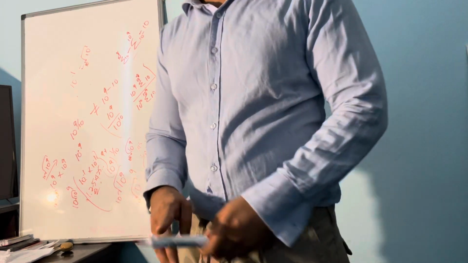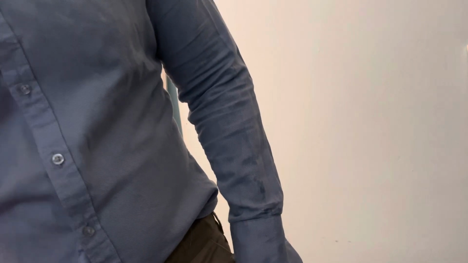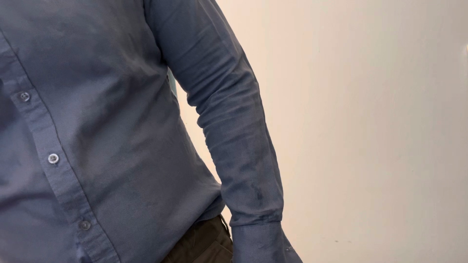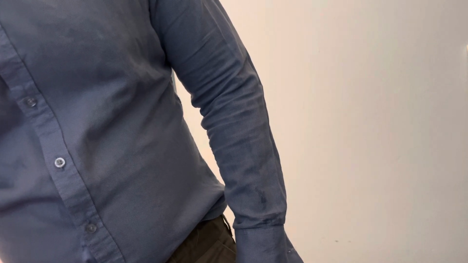I don't know why this computer, brand new, is acting up. Okay, so this is just going to be the end of this video. So when I checked it out, if I took 10 to the power of 0.9, 10 to the power of 0.9 is equal to 7.94, right?